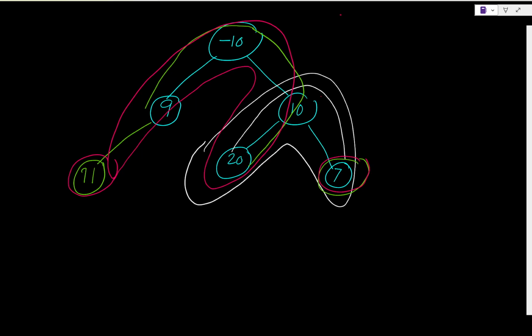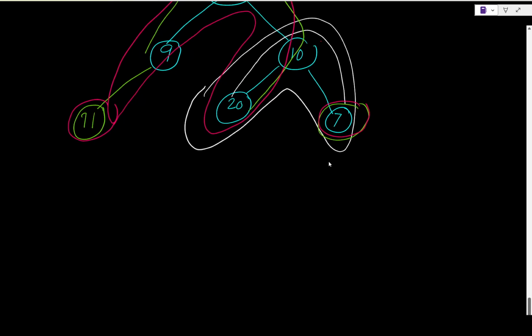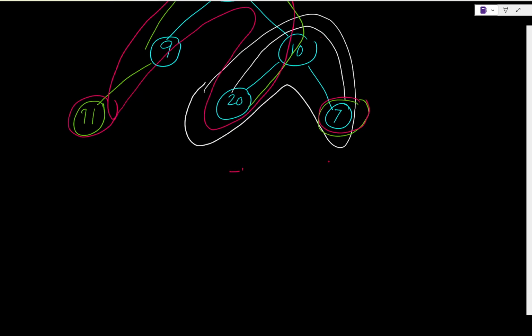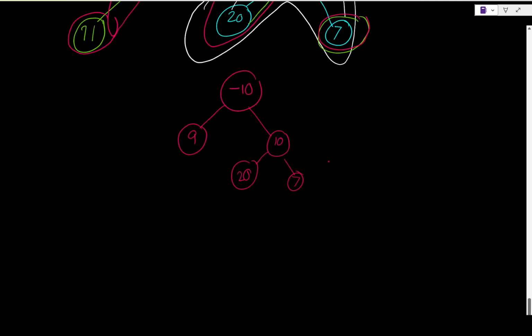Let me draw this once again so that this clutter goes away. So I had minus 10, 9, 10, 20, and 7. So the idea is that if I'm looking at the tree from the root node, from the right side, I can get two kinds of values, and understanding this is the crux of the problem.